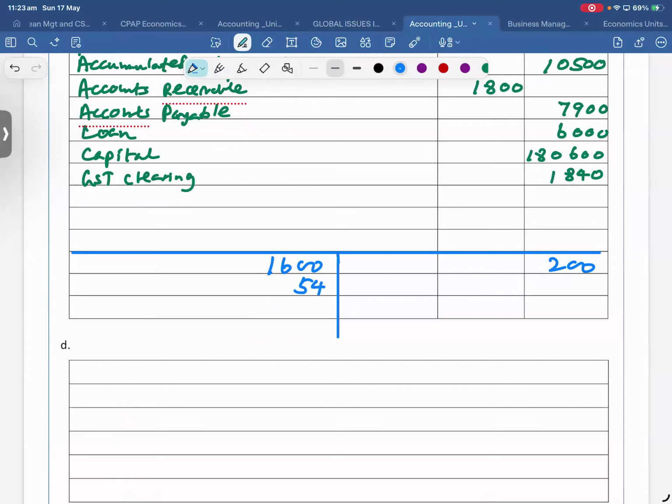I think guys, there was a calculation mistake in the doubtful debt. Hold on. 1654. Doubtful debt again. Wrong guys. The amount. This should be how much? 54. 1454.